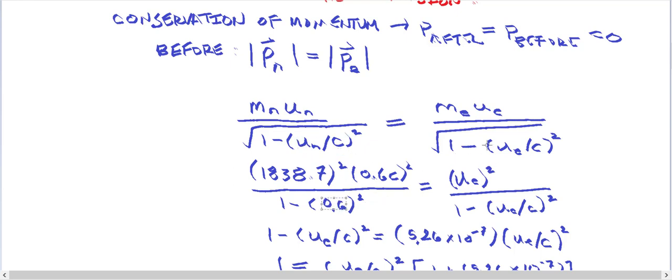I squared both sides, right? So did the same for the electron. Hopefully that's okay. You can pause it here and convince yourself that you can go from here to here.